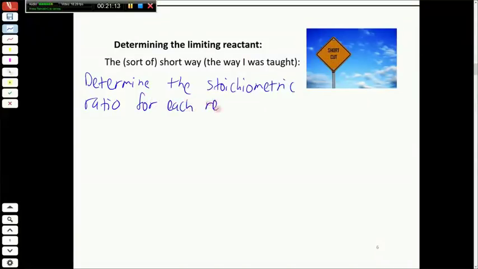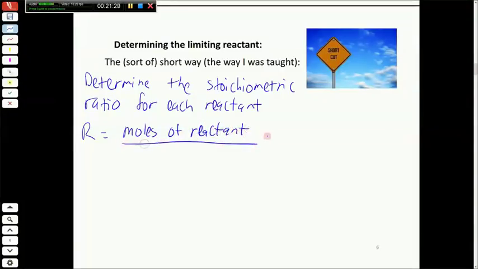So this method still requires us to determine moles of each reactant because stoichiometry revolves around moles. And the stoichiometric ratio, which I'll abbreviate as R, is you take the moles of that reactant and you divide it by its reaction coefficient, the coefficient from the balanced chemical equation.